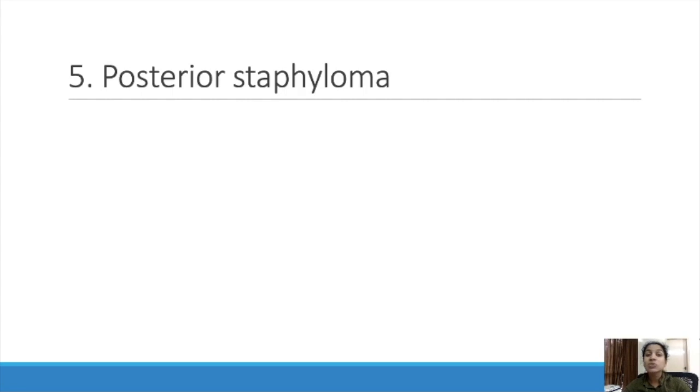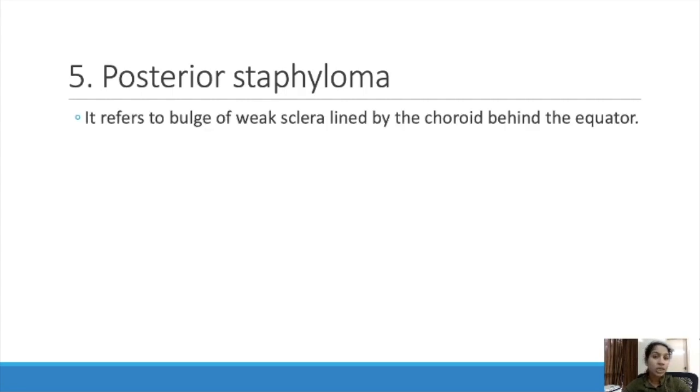Next comes the last one, posterior staphyloma. It refers to a bulge of weak sclera lined by the choroid behind the equator. Till now we covered the iris, ciliary body and equator; next comes the posterior part of the eyeball.